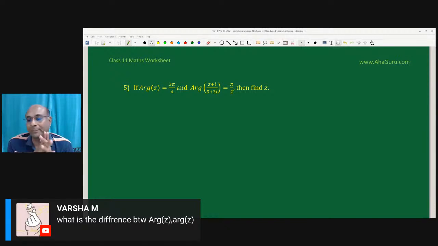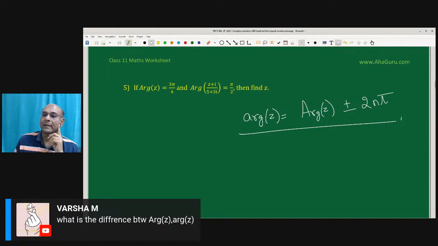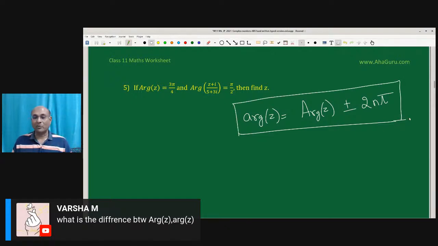So I'll just write this down. Small ARG of z is capital ARG of z plus or minus 2n pi. You can add any amount of 2 pi angles or subtract any amount.